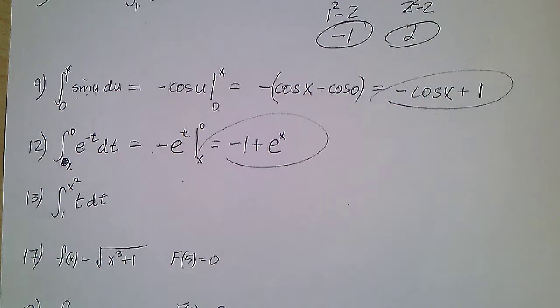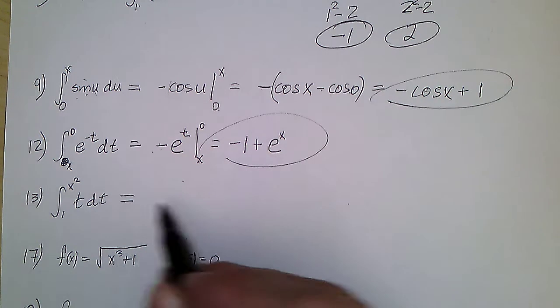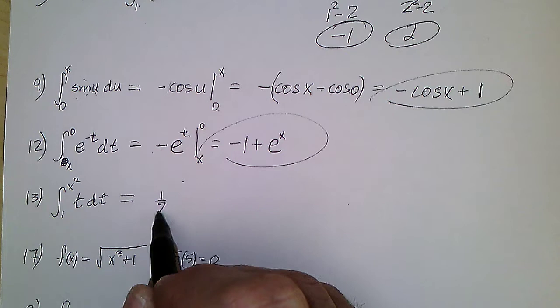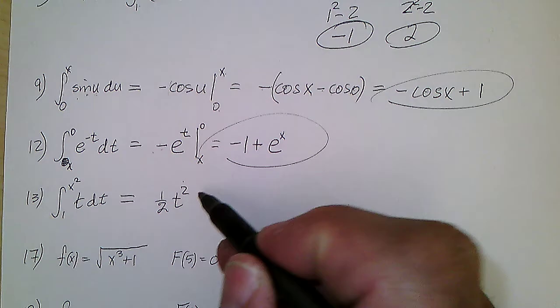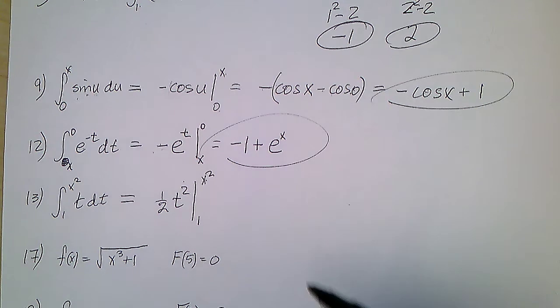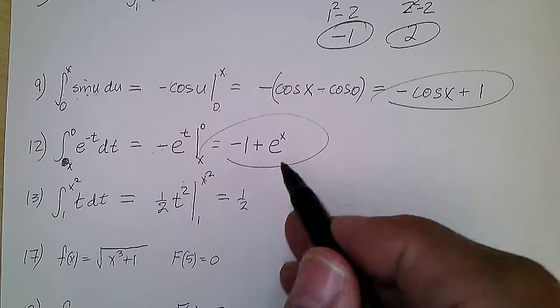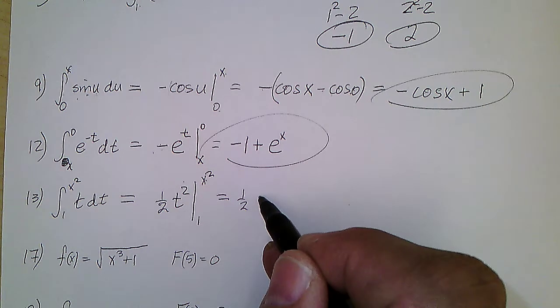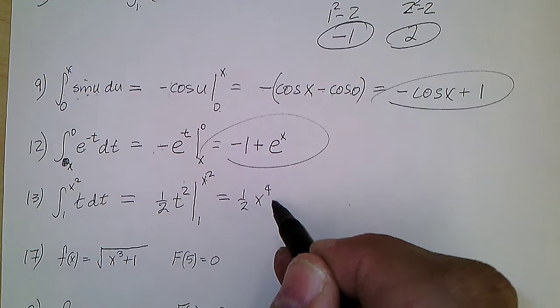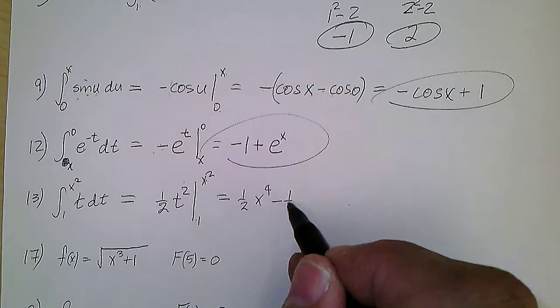And now if I integrate with respect to t, integrating t, that's 1/2 t squared, evaluated from 1 to x squared. So I put x squared in there and I get 1/2 x squared squared, which is x to the 4th, minus 1 squared is 1 times a half is a half.